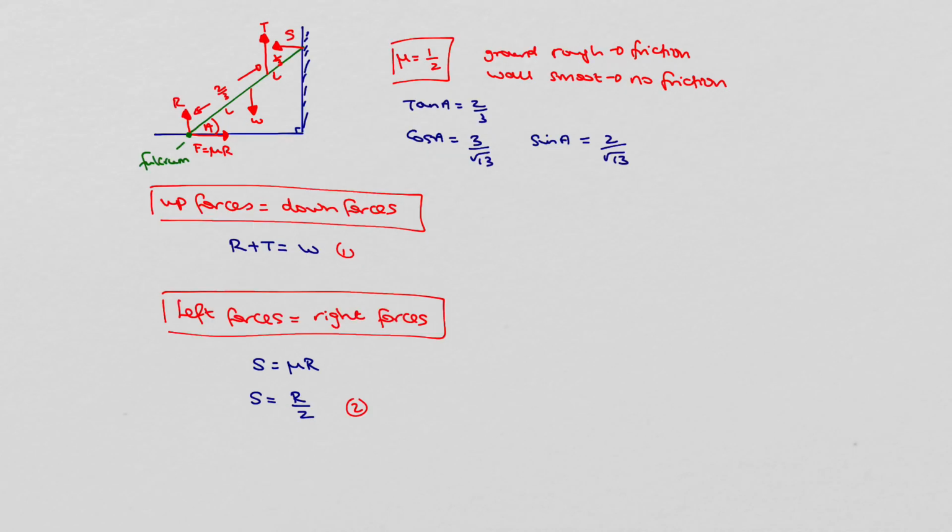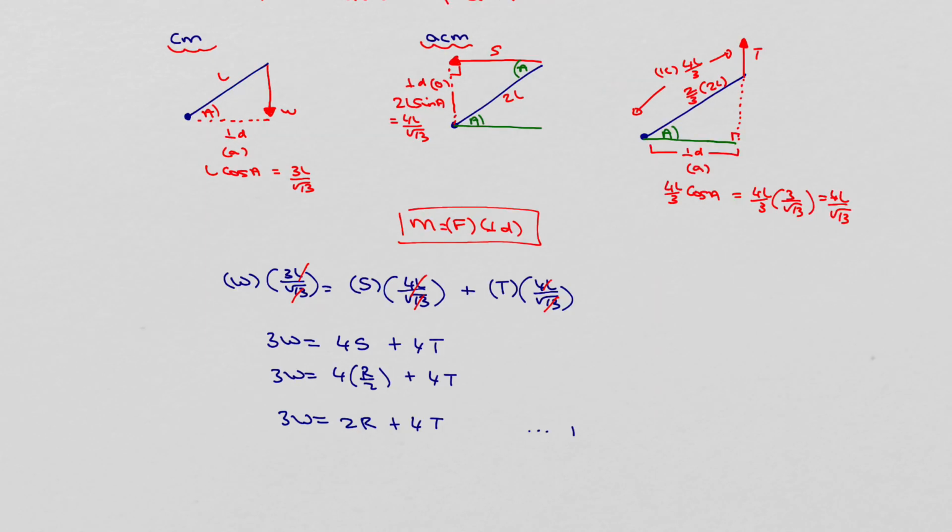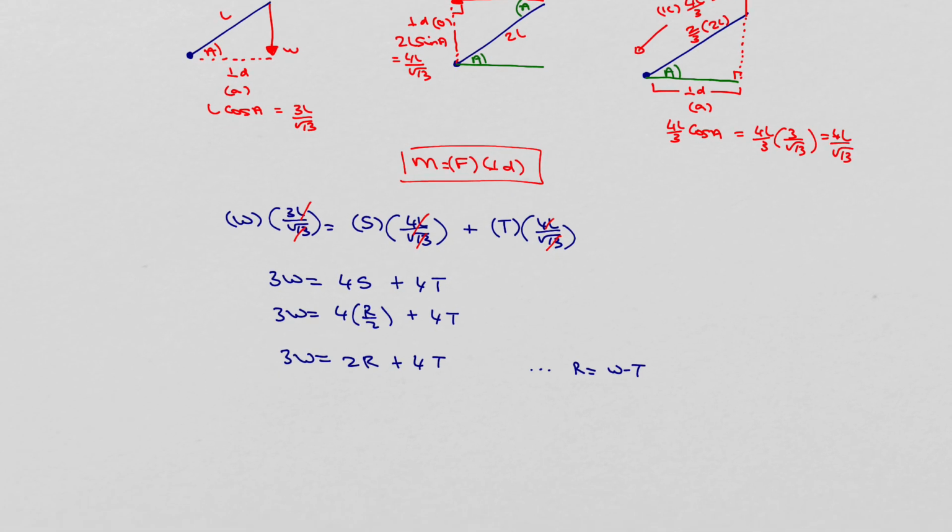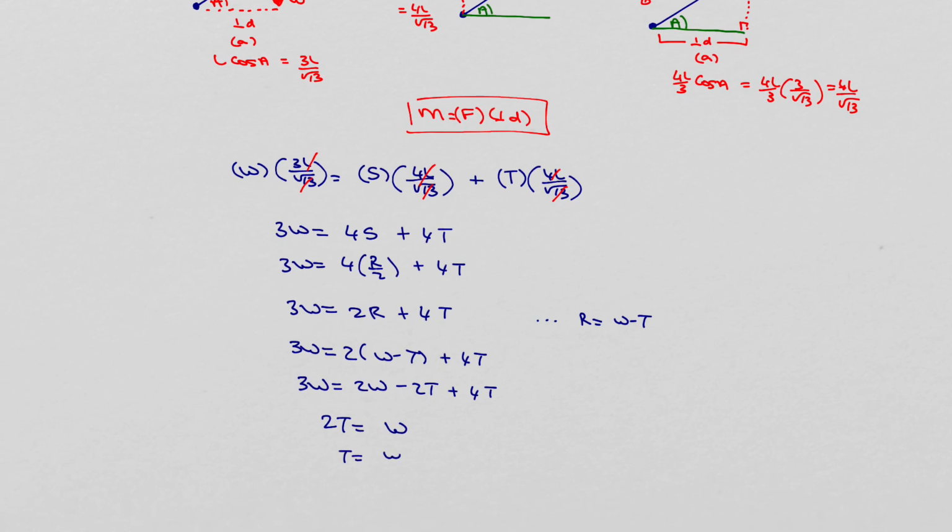We also know that R then could actually be written as W minus T. So therefore that becomes 3W is equal to 2 times W minus T plus 4T. So we have 3W equals 2W minus 2T plus 4T. And therefore that gives us 2T is equal to W, and therefore T is W over 2. It's a nice little add-on to that question there.